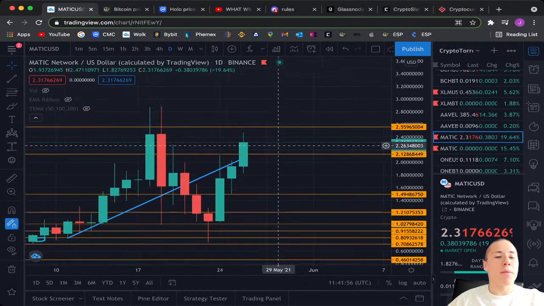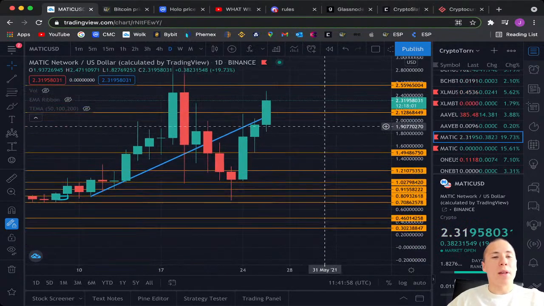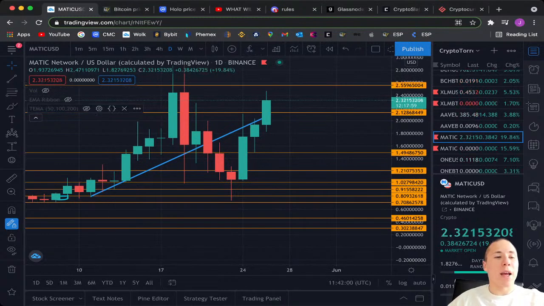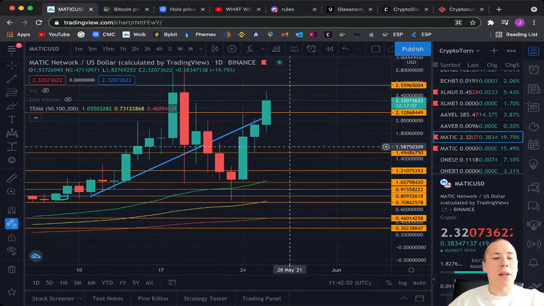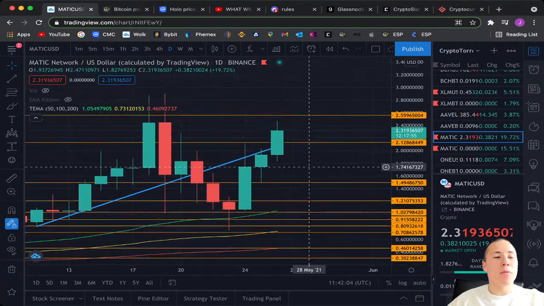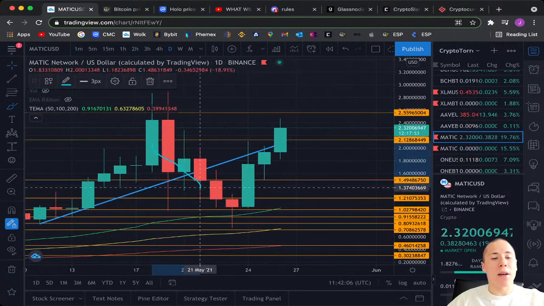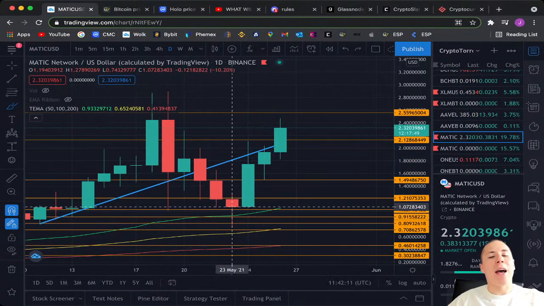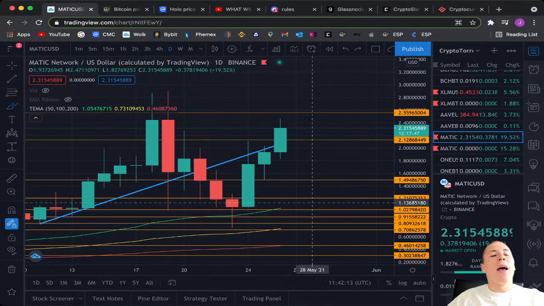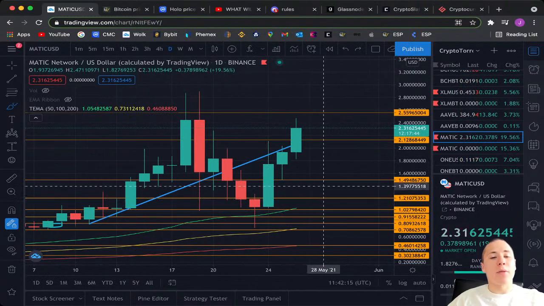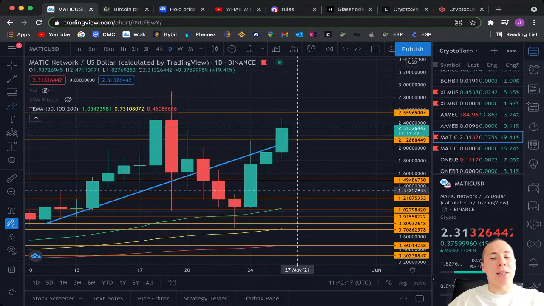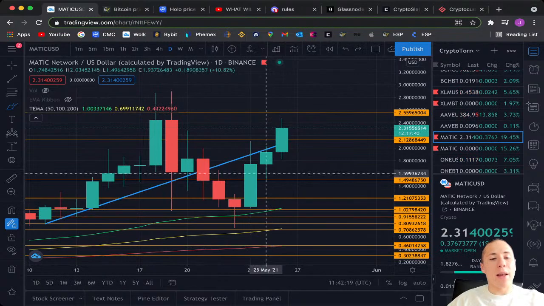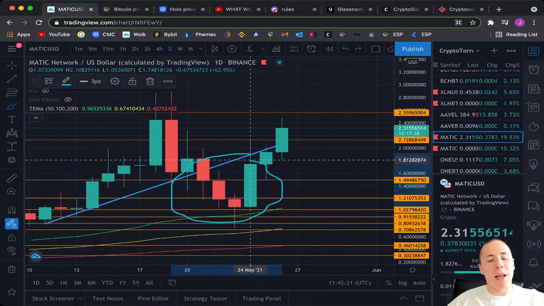But also what I wanted to take a look at is the moving averages and where they are currently trading. As you can see, once we broke out towards the downside on the Matic chart, we found support on top of the 50-day moving average. And as I said before during my live streams, the moving averages serve as major support and resistance areas, and we are seeing that Matic is getting supported by the 50-day moving average.